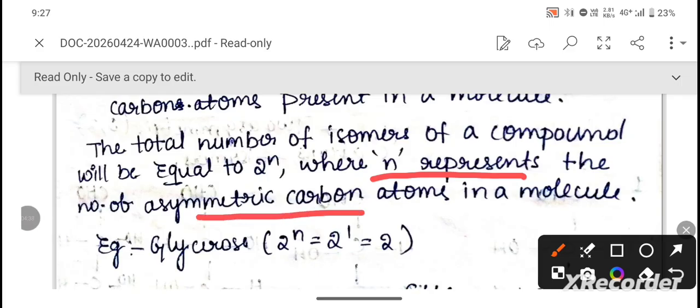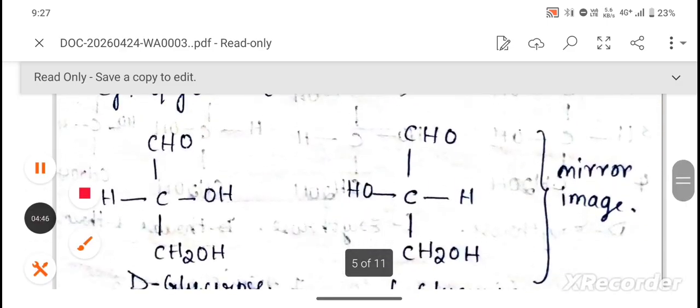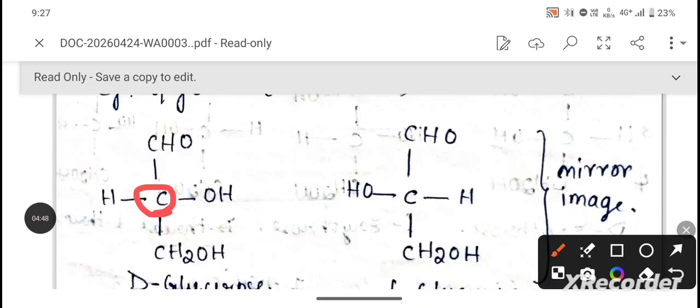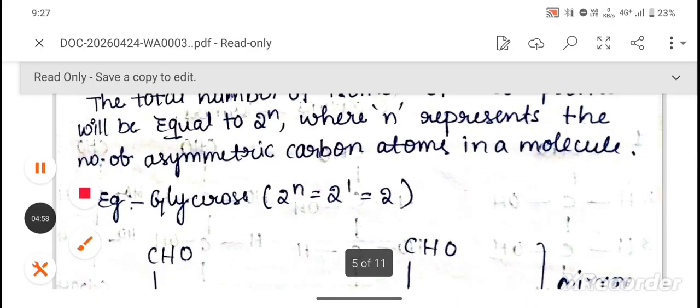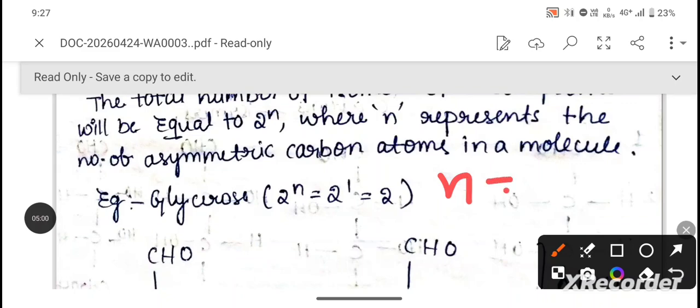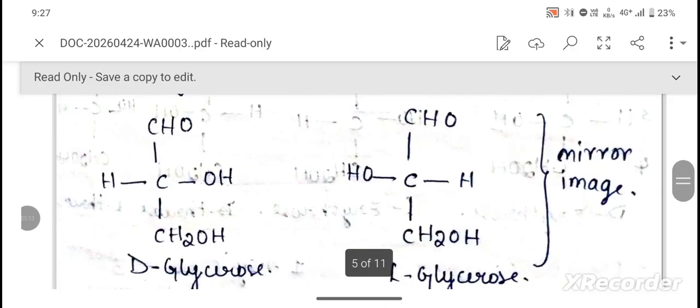For example, when you observe the structure of glycerose, it has only one carbon atom around which 4 different groups are attached. So if you substitute n equal to 1, which is the one asymmetric carbon, you get 2 to the power 1, which is 2. Hence glycerose can form two kinds of isomers which are mirror images.